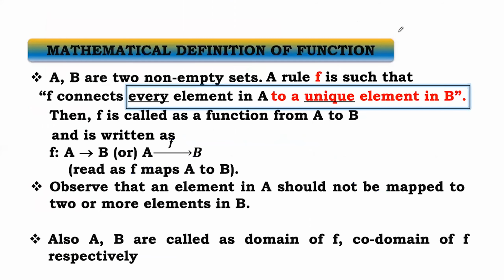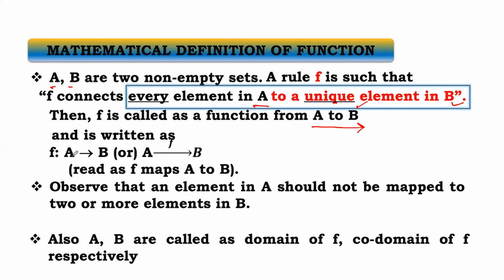Now we are going with the mathematical definition of a function, right? Let A and B be two non-empty sets. A rule or correspondence f is such that every element in set A maps to a unique element in set B. Then f is known as a function from A to B, right?